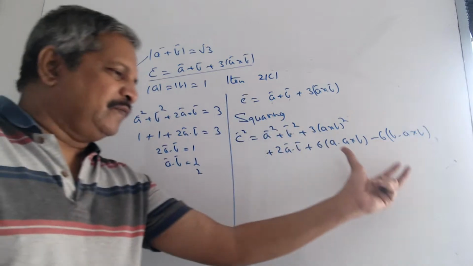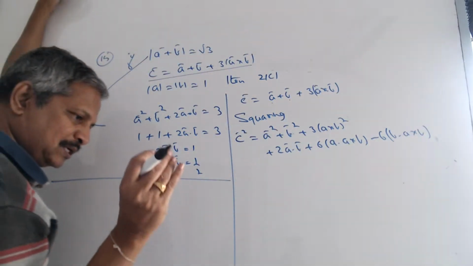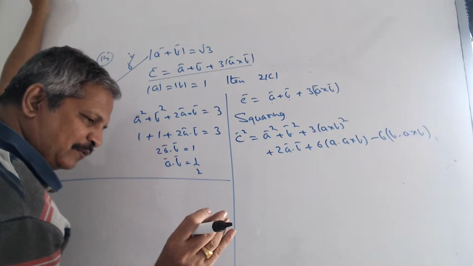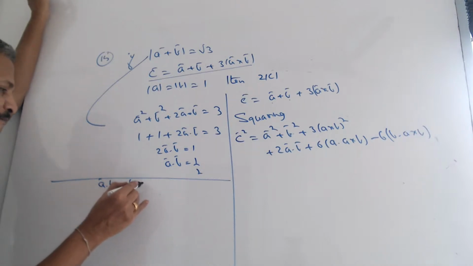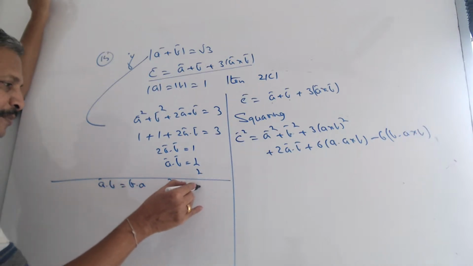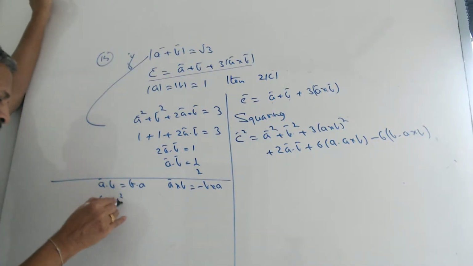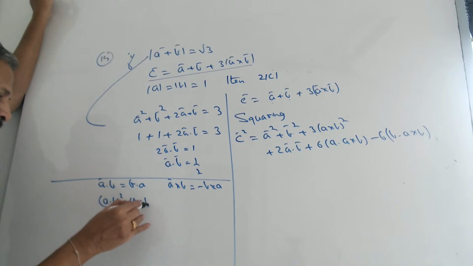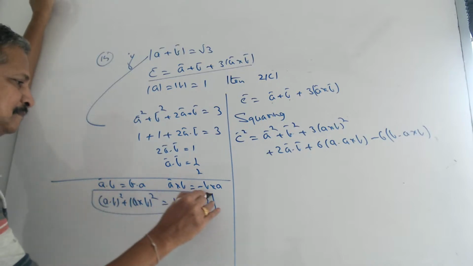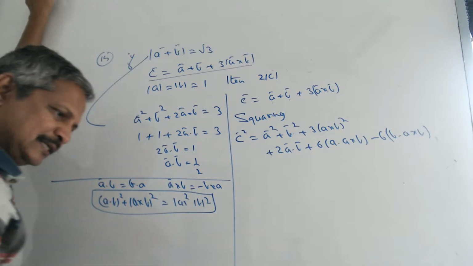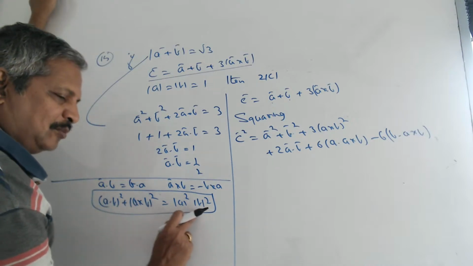Before going to this step, I wanted to tell some more things. Remember carefully important things required for the objective. A dot B can equal B dot A, but A cross B is equal to minus B cross A. Scalar product and cross product: A dot B whole square plus A cross B whole square is equal to mod A square mod B square.